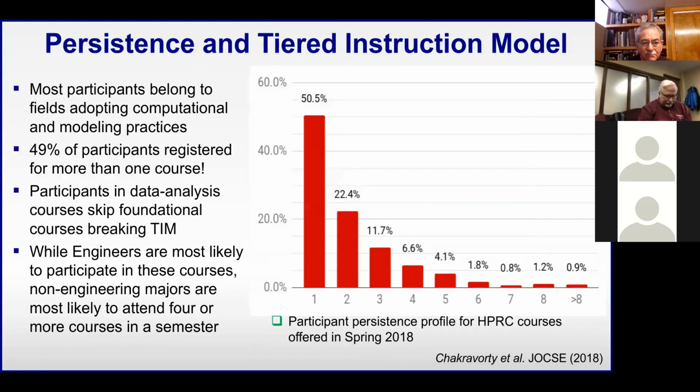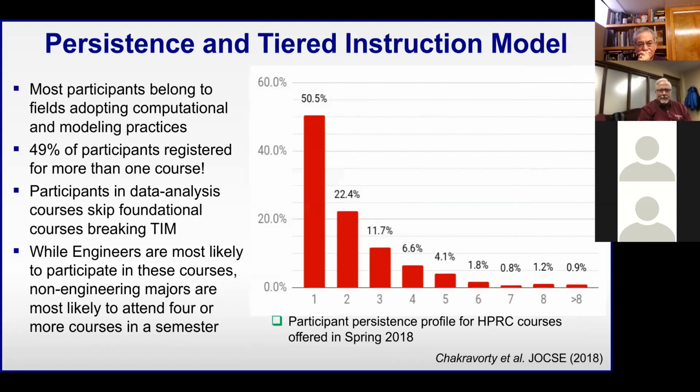Okay, so if we have 30-some different classes that we offer, what does it mean to people? One of the key issues that we're looking into right now is persistence. Are people interested in following specific tracks, developing their skills in a particular area, or are they just showing up once to see what it was like?